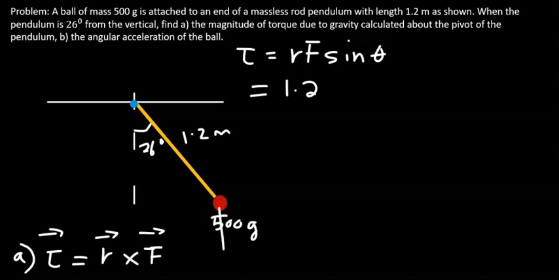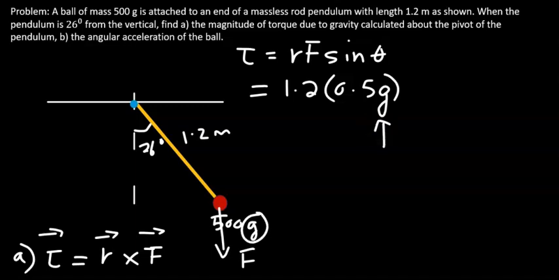So the force acts vertically downward. Since it is weight, 500 grams turned into kg is 0.5 kg times gravitational acceleration. Now this g refers to grams, and this g here is 9.81. Now finally theta.